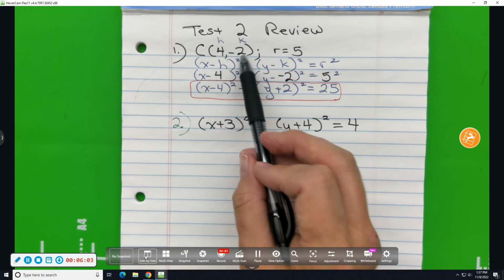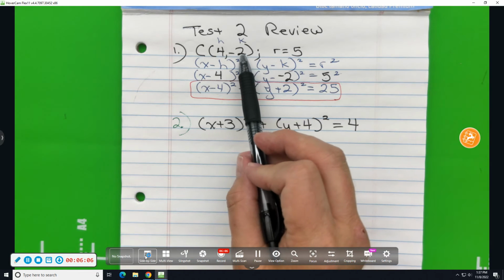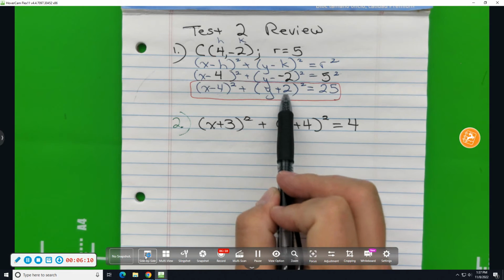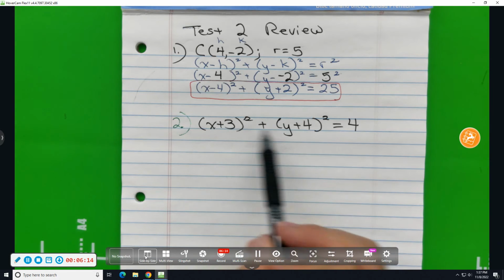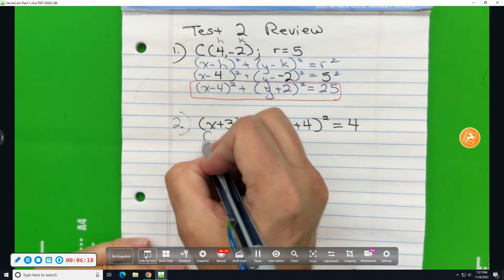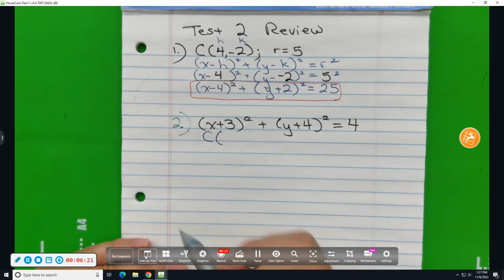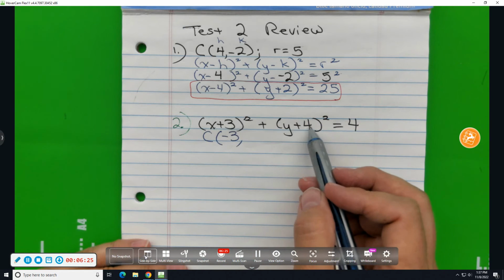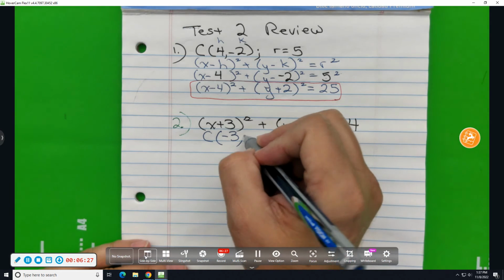We had a y-coordinate of the center of negative 2. What you see is a positive 2. So what you see in the parentheses is exactly the opposite of the center. So in applying that logic here, our center would be exactly the opposite of a plus 3, so a negative 3. The y-coordinate, the opposite of positive 4, is a negative 4.